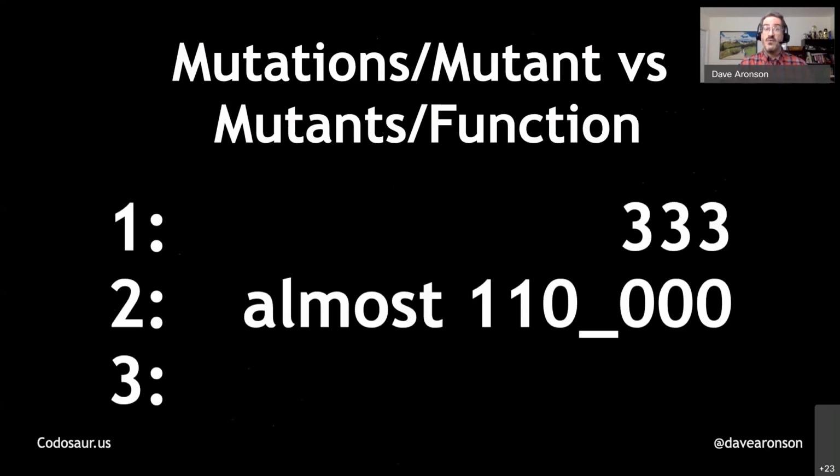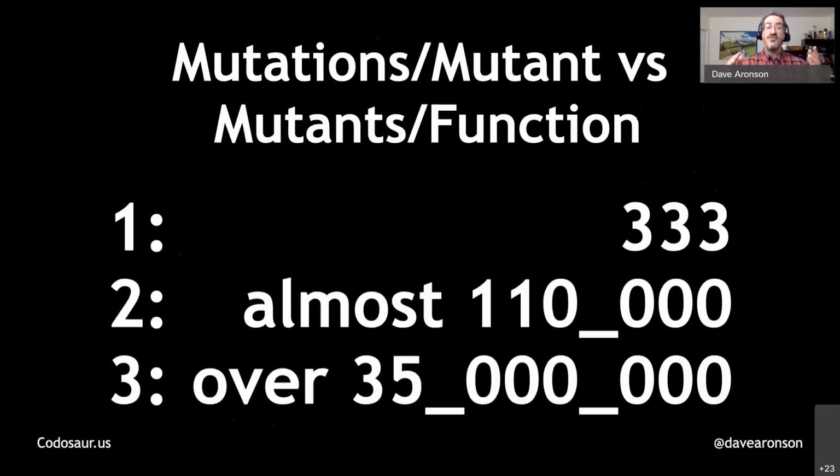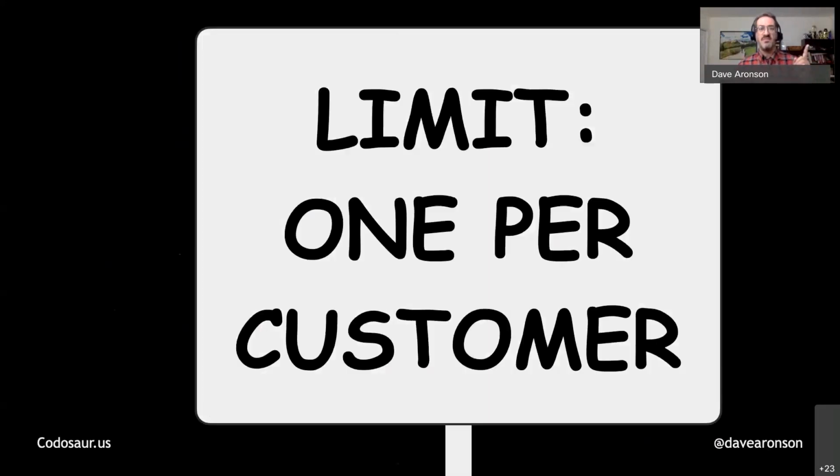And with three, we'd still have over 35 million. Never mind actually running the tests, just creating the mutants would get to be quite a heavy workload. But we can avoid this huge workload and the increased false alarms and the lack of focus if we just limit it to one mutation per mutant.